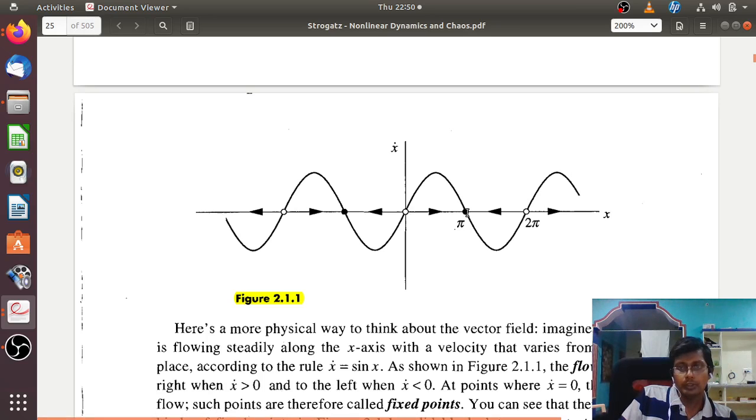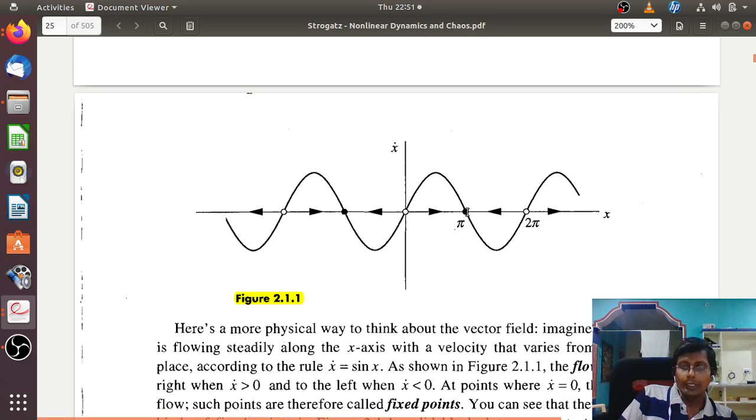The difference is, if the arrow marks are approaching the fixed point, then it's represented in this manner, and if it's going away from the fixed point, then it's represented in this manner. So what does that mean? It means this fixed point is a stable fixed point, whereas this fixed point is an unstable fixed point.